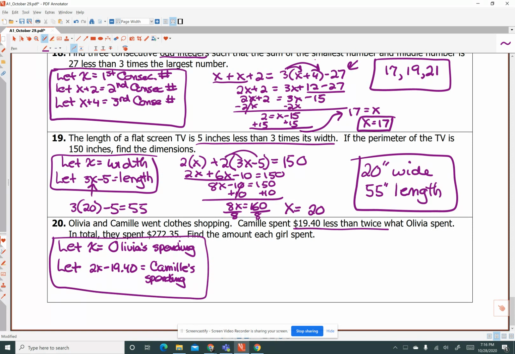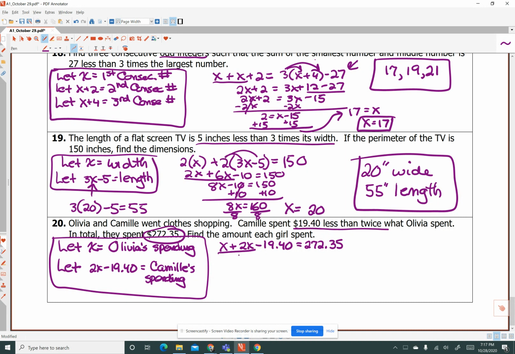And let's set up our problem. Both of them together equal $272.35. We simply need to add these. X plus 2x minus $19.40 equals $272.35.